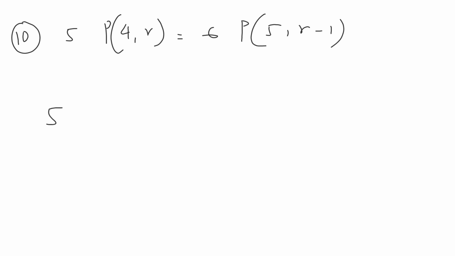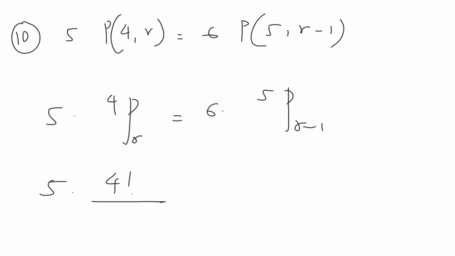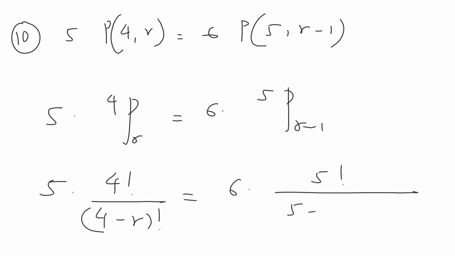So this is 5 into 4Pr, 6 into 5P(r minus 1). So 5 into 4 factorial upon (4 minus r) factorial, 6 into 5 factorial upon (5 minus (r minus 1)) factorial.